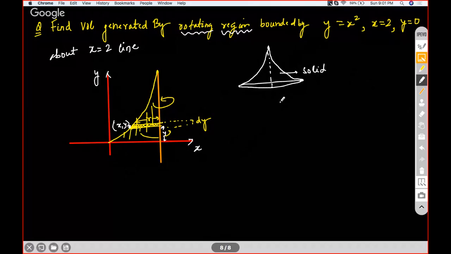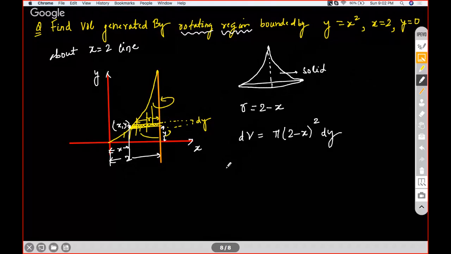Do you agree that the radius will actually be 2 minus x? From here to where it's 2, this gap, yes, 2 minus x. So your disk would have a differential volume of pi r square dy.